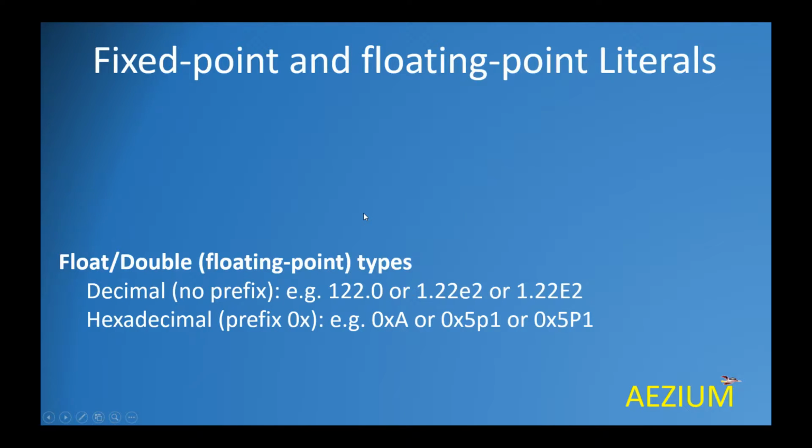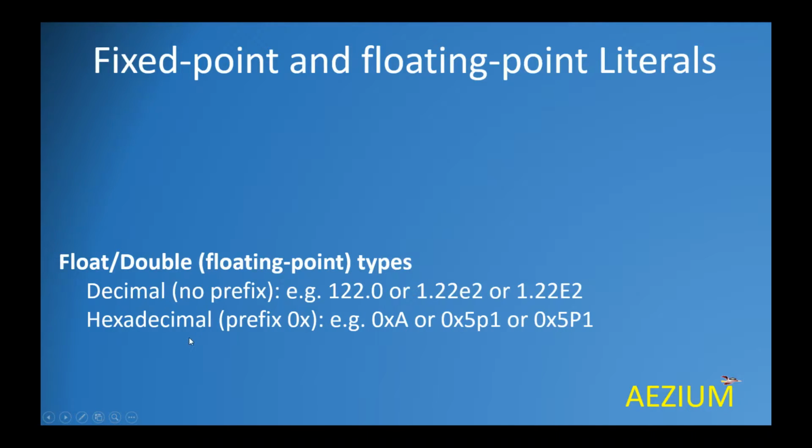In the case of floats and doubles in Swift, the literals can be represented in either a decimal format or hexadecimal format. An example of a decimal format number is 122.0. If you want to represent the same number in a scientific format, we can use the lowercase or uppercase e followed by the power value, where e2 here means 10 to the power 2.